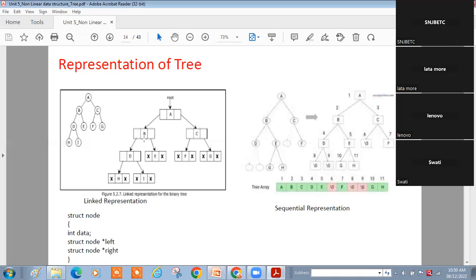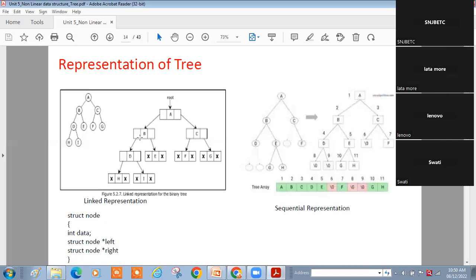Now next move to B. Now this is the left node. Again you can observe that this left node has two children, with data D and data E. So again it has a left child and a right child. That's why there are a left address and a right address.